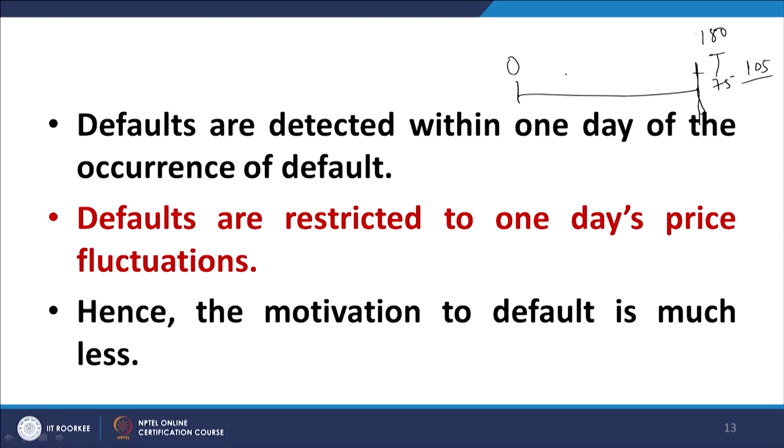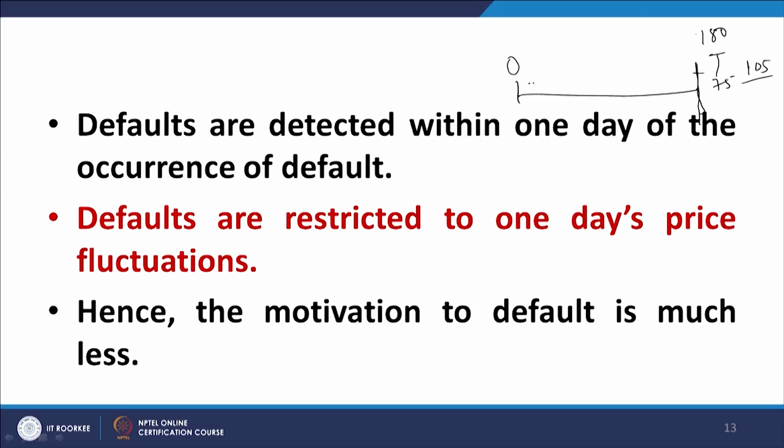In the case of a futures contract, this whole gap of 105 rupees would be split into daily pieces, maybe not exactly, because there is an element of randomness, as I mentioned earlier; these prices are market determined by demand and supply forces. But nevertheless, as some of you may know, standard deviation scales as root t.